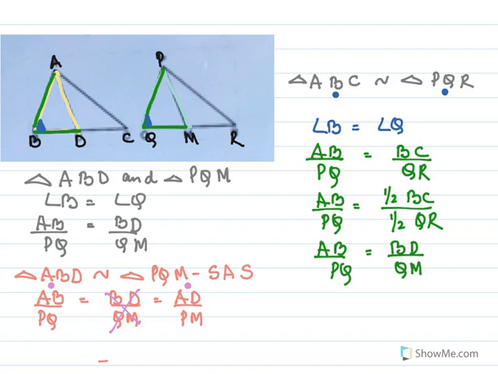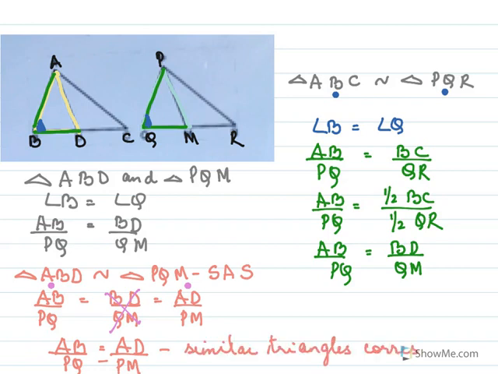We don't require the ratio BD over QM, so we ignore it and we write AB over PQ equal to AD over PM. The reason: in similar triangles, the corresponding sides are proportional.